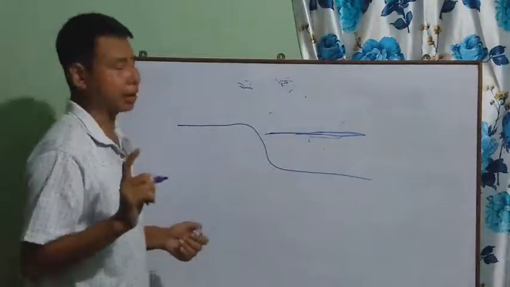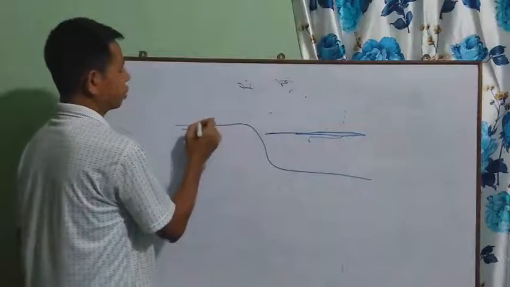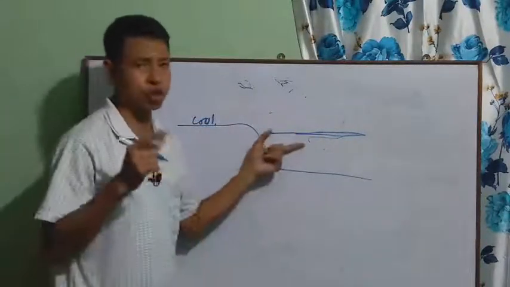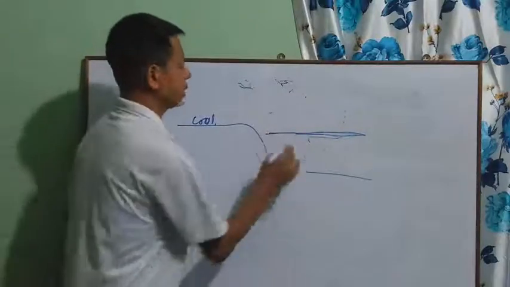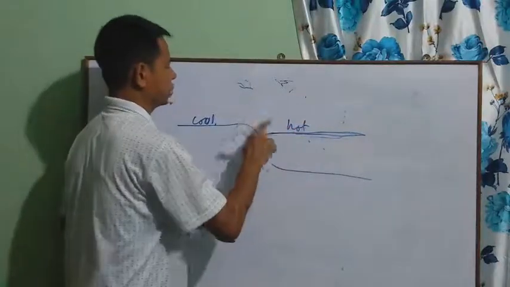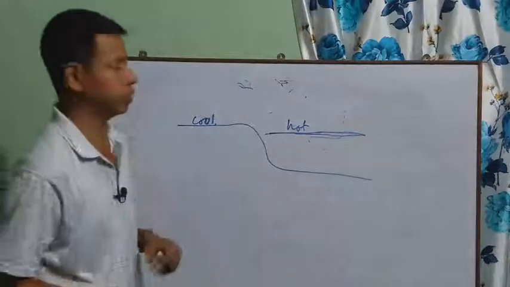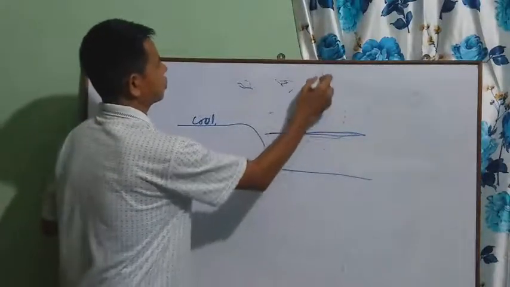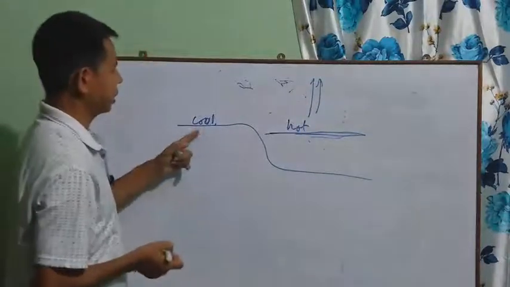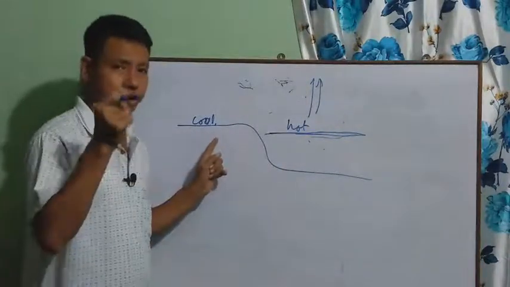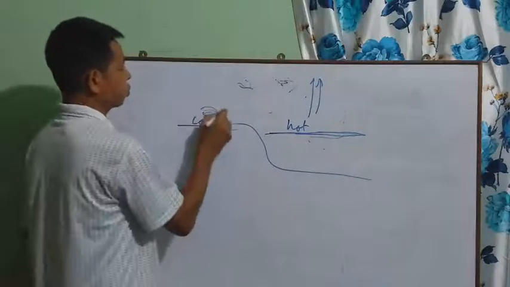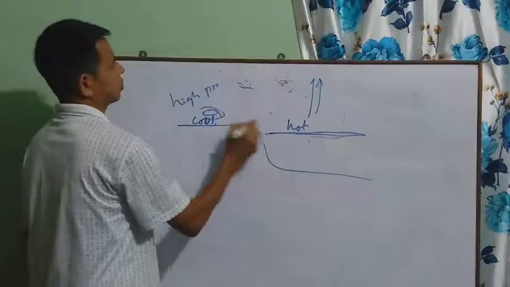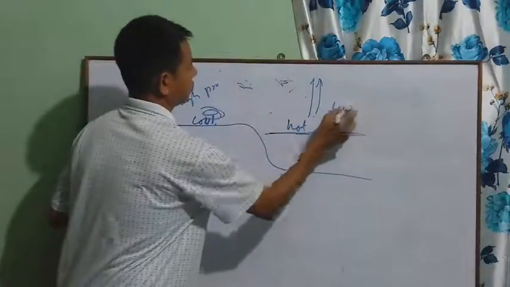So in the night, the land area will become cool, and since the water remains hot for a longer period of time, the same opposite thing happens as with the sea breeze. Since it remains hot, the air particles rise up because they become lighter, and in the land area, since it has already become cool, the air is also cool and it creates high pressure, and this side low pressure.